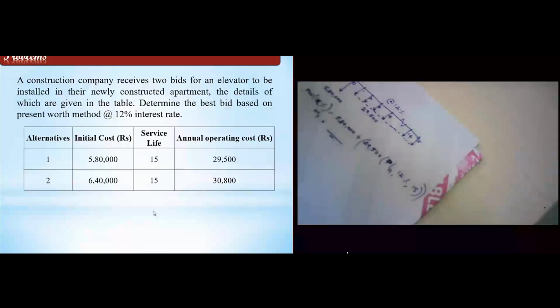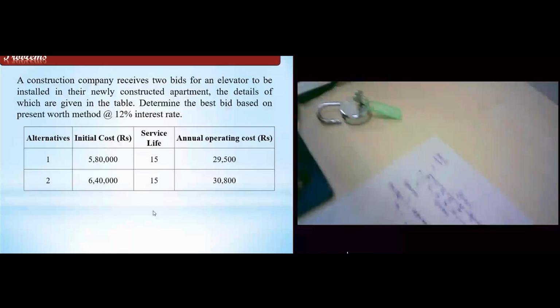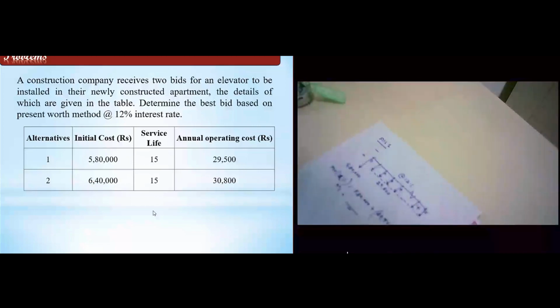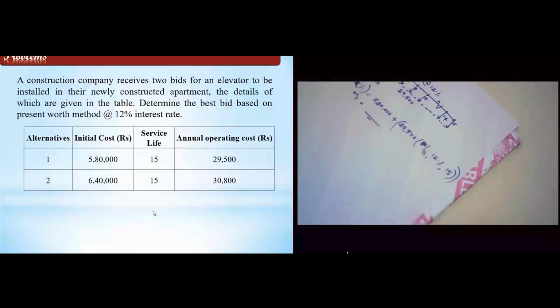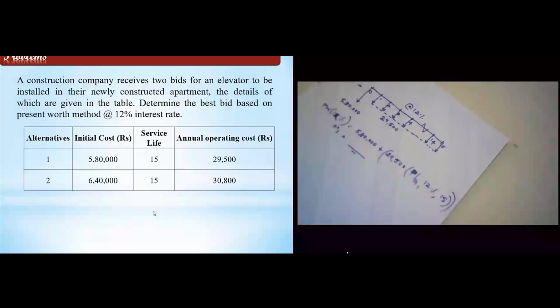So please calculate and tell me what value you get here. What is the present worth amount for alternative 1?